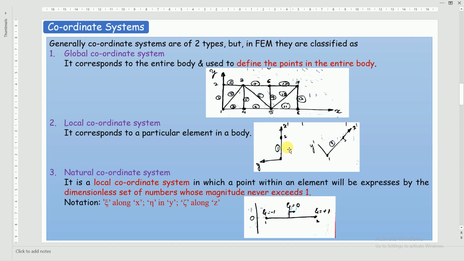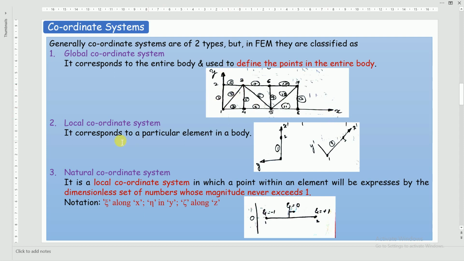Now if you see here, it corresponds to the particular element in a body. Locally it has been considered. See here, this element 2 is being considered with respect to x and y here.